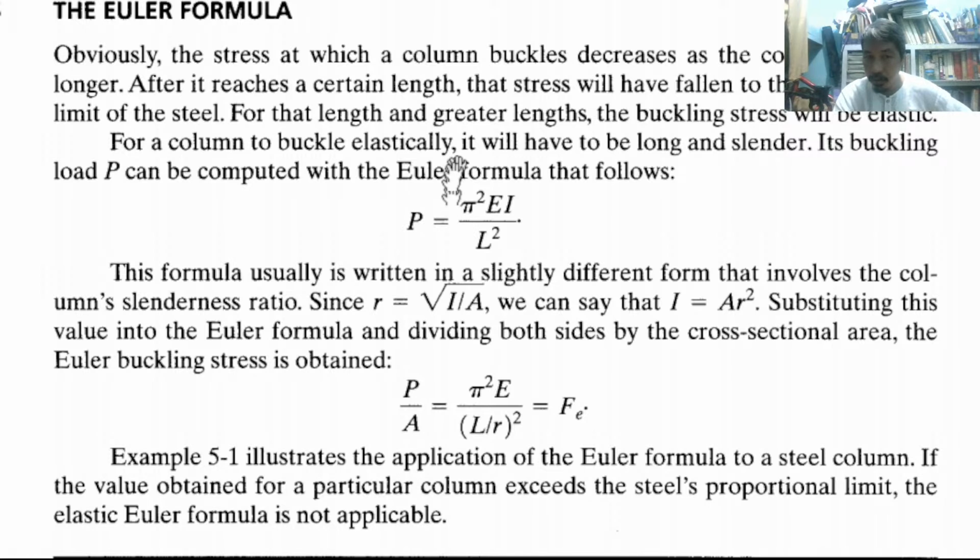That is equal to pi squared EI over L squared. This formula is usually written in a slightly different form that involves the column slenderness ratio. Take note again, just like what I've said, that is the definition of the radius of gyration r. So divide both sides by A, so we can have what?